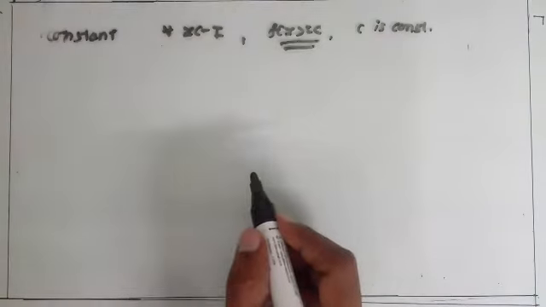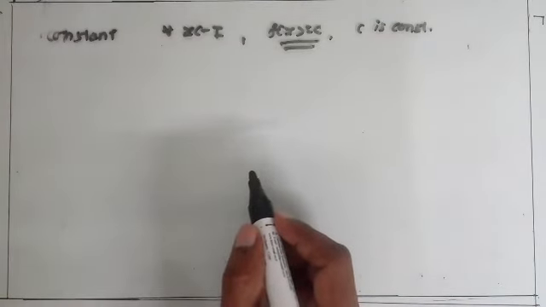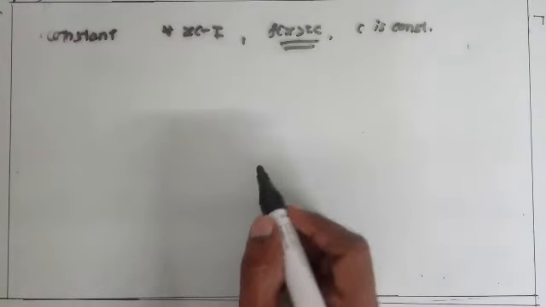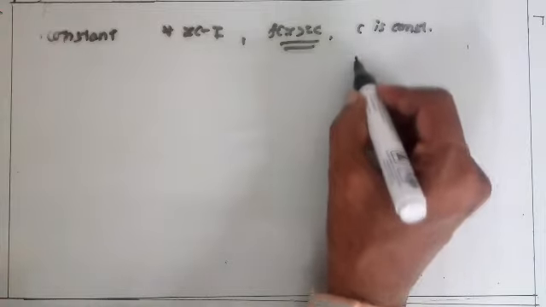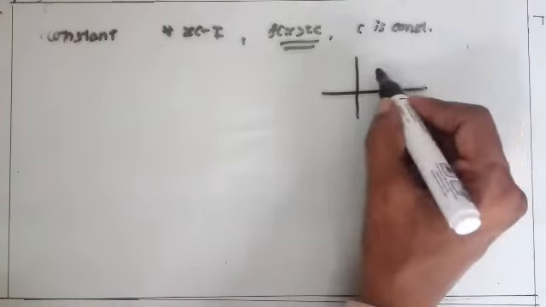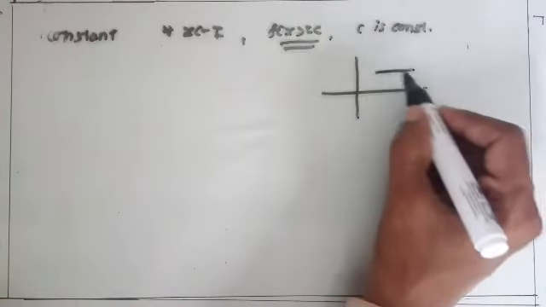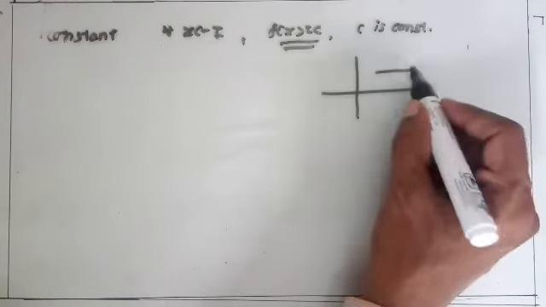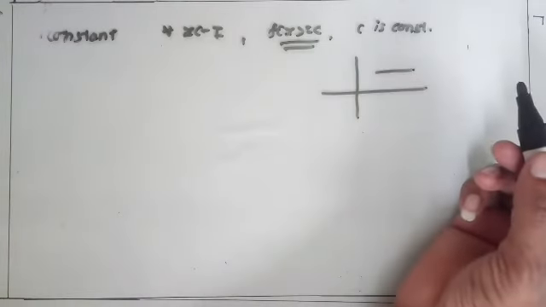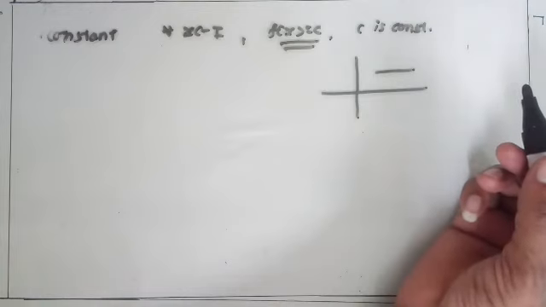Clear? For any value of x, the value of the function is always constant. This function is said to be constant function. And the graph of a constant function, we get this type: for any value of x, the graph is parallel to the x-axis.